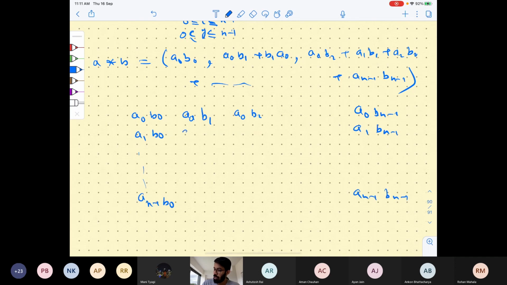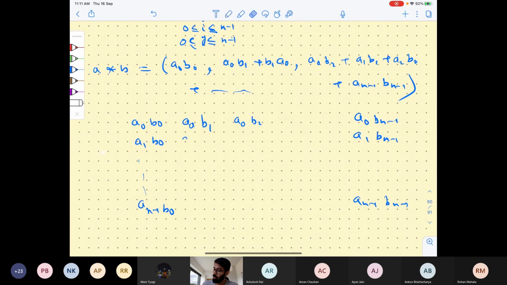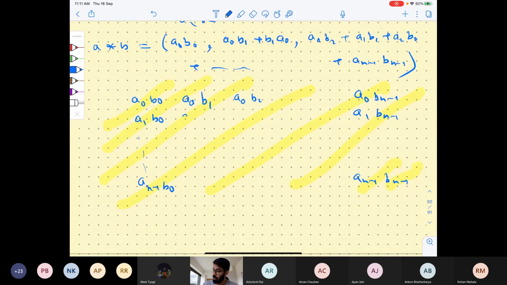So you write it in a square matrix shape. And then the convolution is, you take the diagonals and sum along them. So first, second, third, and so on. And how many diagonals are going to be there? They are going to be 2n minus 1.